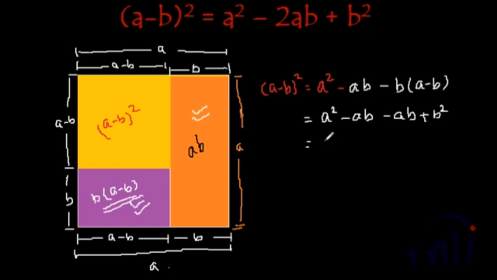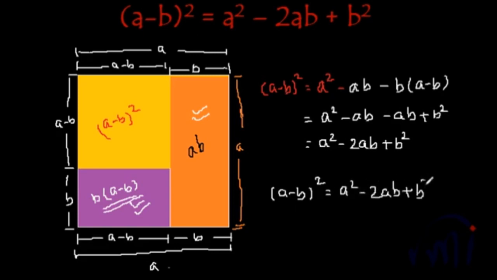So this can be written as a square minus ab minus ab is minus 2ab, and then plus b square, right? And this is the formula of (a minus b) whole square. (A minus b) whole square is equal to a square minus 2ab plus b square, right? So this is a geometrical representation of (a minus b) whole square.